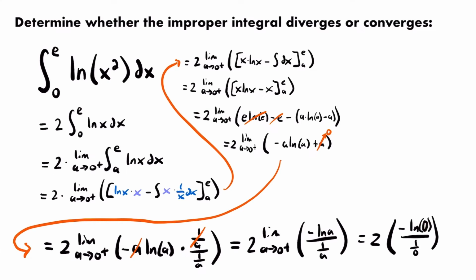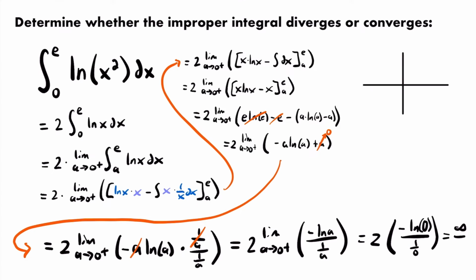The natural log of 0 is an undefined value, but we did say that as x approaches 0 from the right for the natural log, it gets closer and closer to negative infinity. So this would become negative infinity, but that negative would cancel out to give us positive infinity. So this would be equal to positive infinity divided by 1 divided by 0. And if you are familiar with what happens to 1 divided by x as x approaches 0 from the right, that value gets closer to infinity, right?